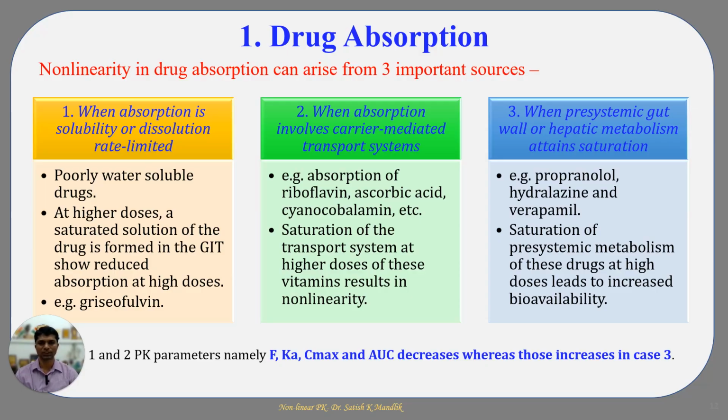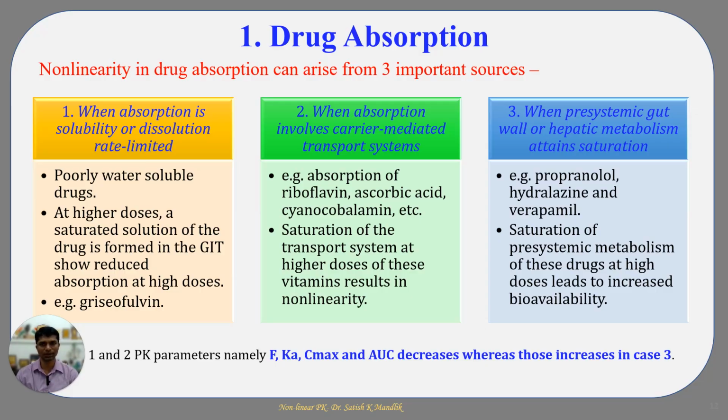Saturation of such transport systems at higher doses results in nonlinearity. Third, when pre-systemic gut wall and hepatic metabolism becomes saturated, at higher doses the first pass metabolism is compromised because of saturation of such enzymes. That leads to increased bioavailability.